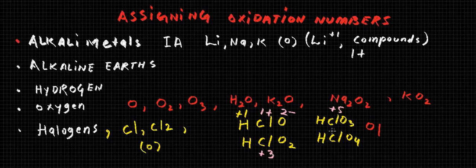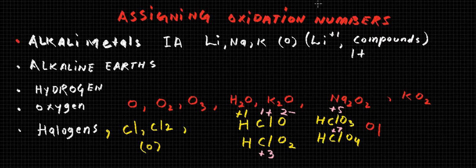If we calculate here, it will be +7, because 4 oxygen atoms, so 4 into -2 and +1 and +7. So if we calculate all these, it will be overall 0, and the oxidation number of halogen is 7.